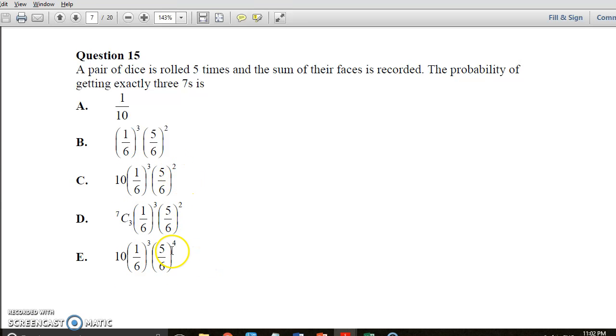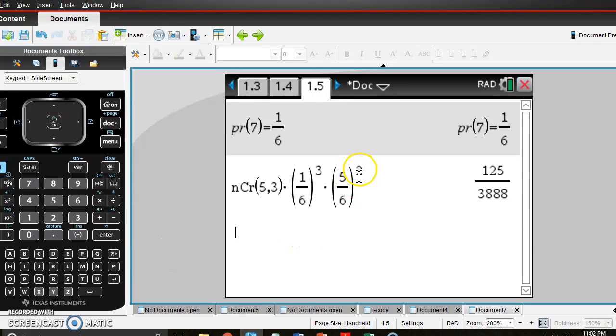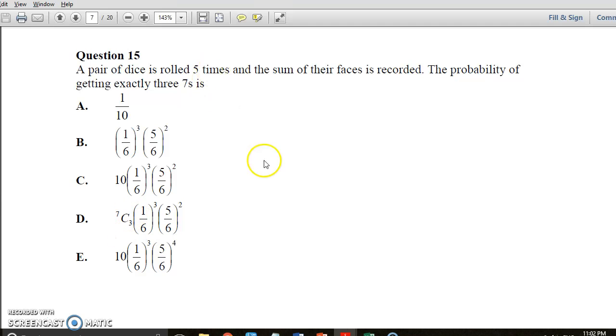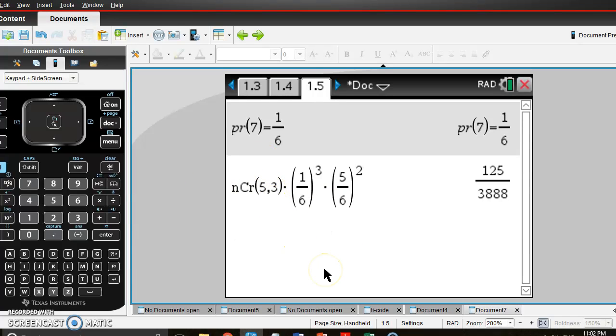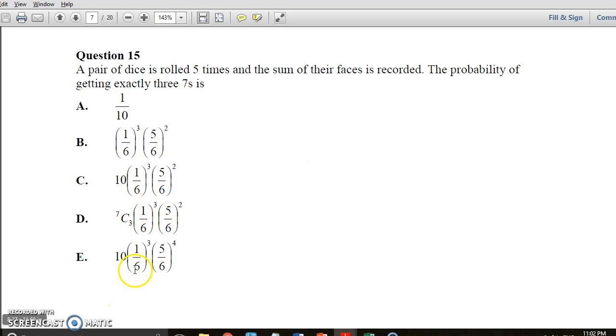So we've got a 2 here, we've got a 4 here. We've already done it with a 2. Now we're going to check this nCr. That number isn't any of these. So we're going to do nCr of 5 and 3, and we end up with 10. So it's got to be something with a 10, which is one of these two. They both have a 3. This one has a 4 and a 2. We know it's going to be C for that one. So a bit of a roundabout way, but we got there in the end.